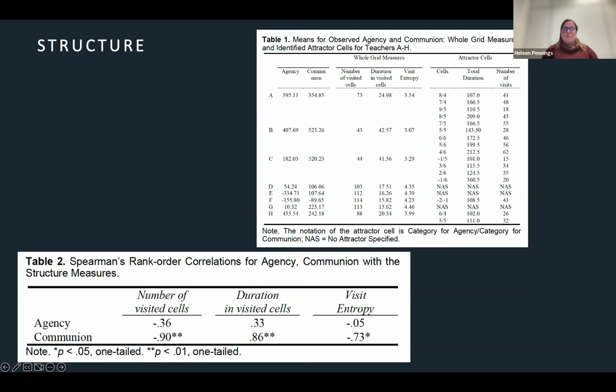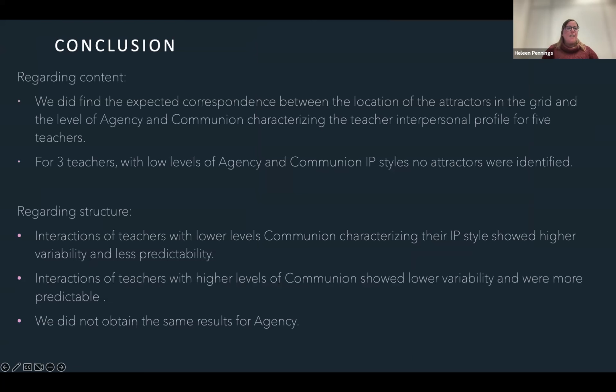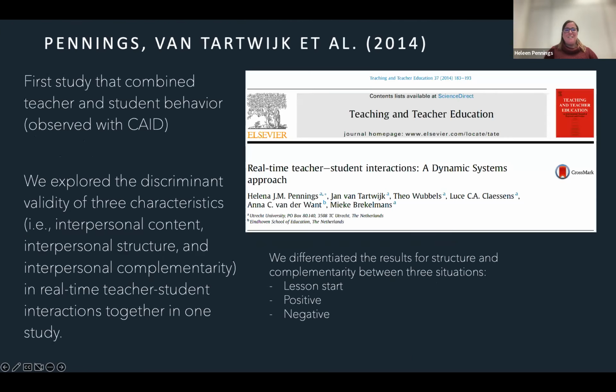But we didn't see this for agency, so only for communion. So we actually concluded that communion was very important in interactions for developing a good relationship. Okay, I will skip this one because it's actually just what I said in the other slides.